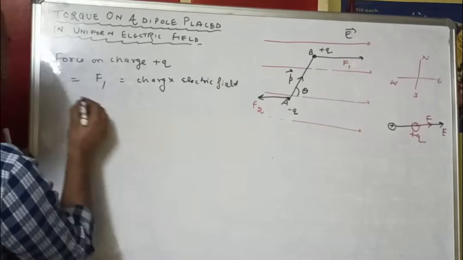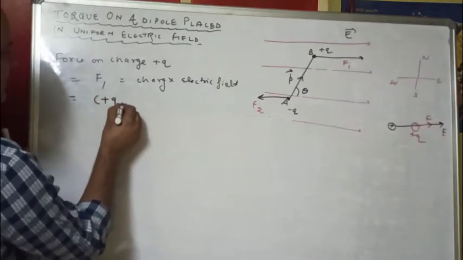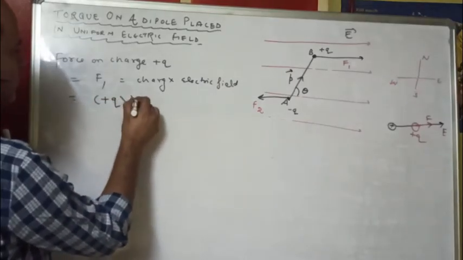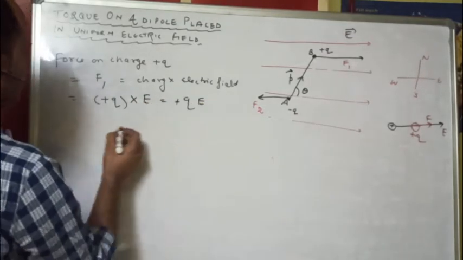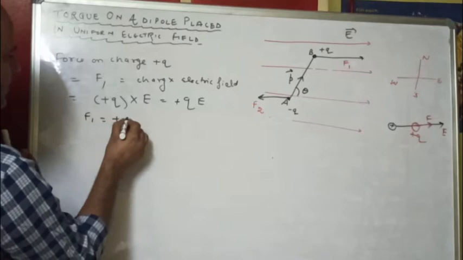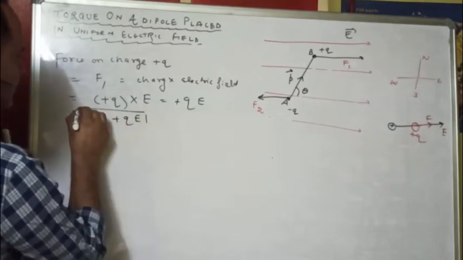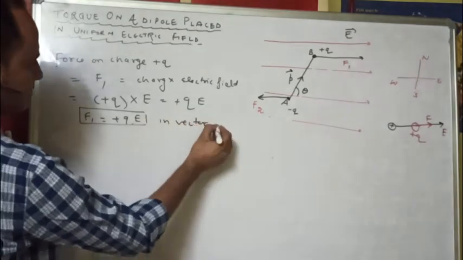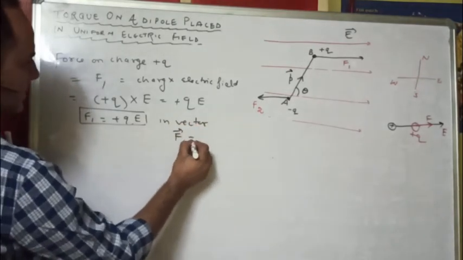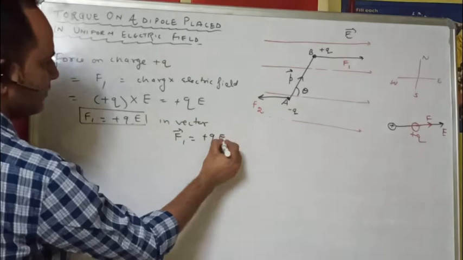The charge is plus q and the electric field is E, so F1 will be plus qE. This is the magnitude of the force, but in vector sense, F1 vector will be plus qE vector.